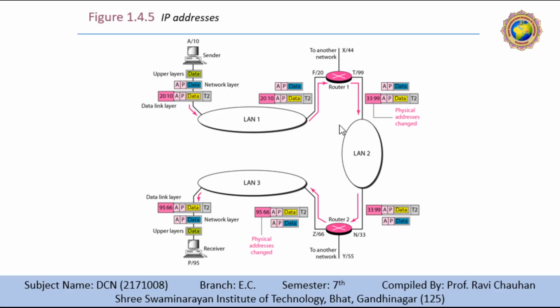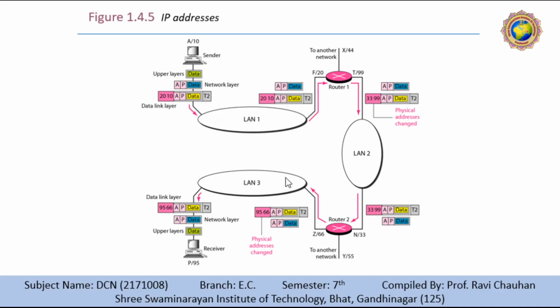The router decapsulates the packet from the frame to read the logical destination address P. Since the logical destination address does not match the router's logical address, the router knows that the packet needs to be forwarded. So the packet is not lost.